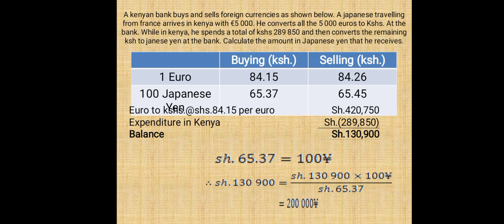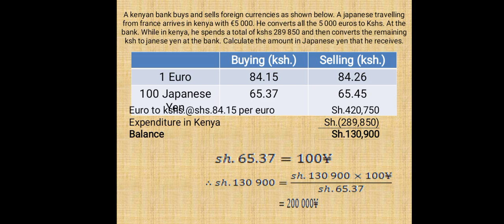Now, when he converted the euro to Kenyan shillings at a rate of 84.15, he got 420,750. Now, he spent in Kenya 289,850. Subtract that from 420,750, we get the balance after spending was 130,900 shillings.